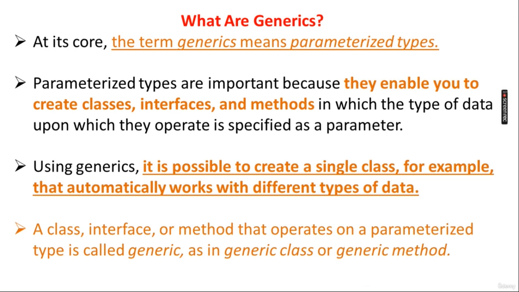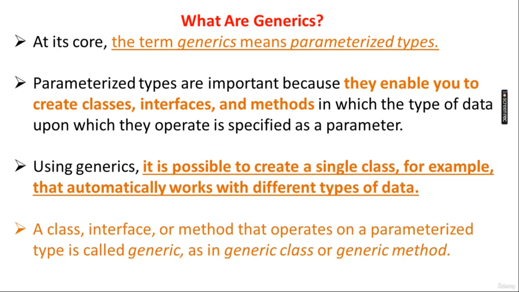Okay, so in short, they enable you to create classes, interfaces, and methods in which the type of data upon which they operate is specified as a parameter. So you will create classes, and you will specify the type of data on which they operate, which will be passed as a parameter.